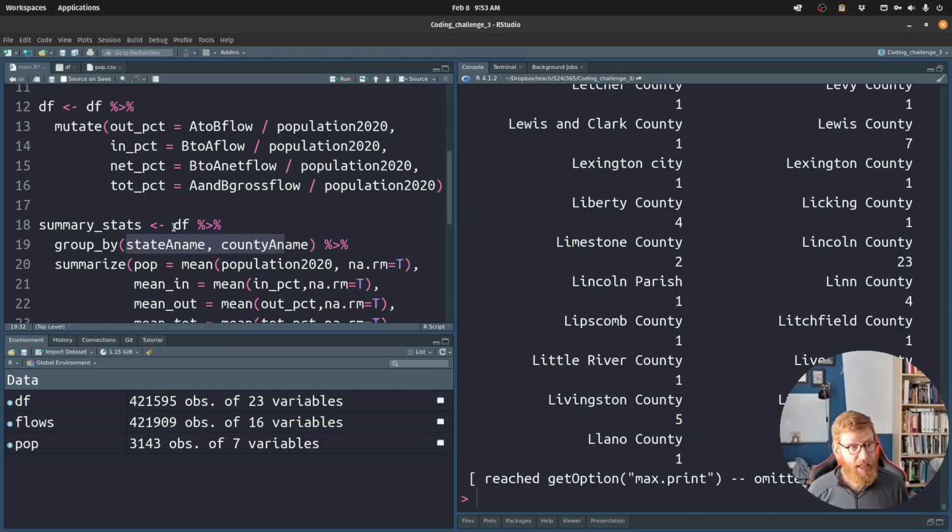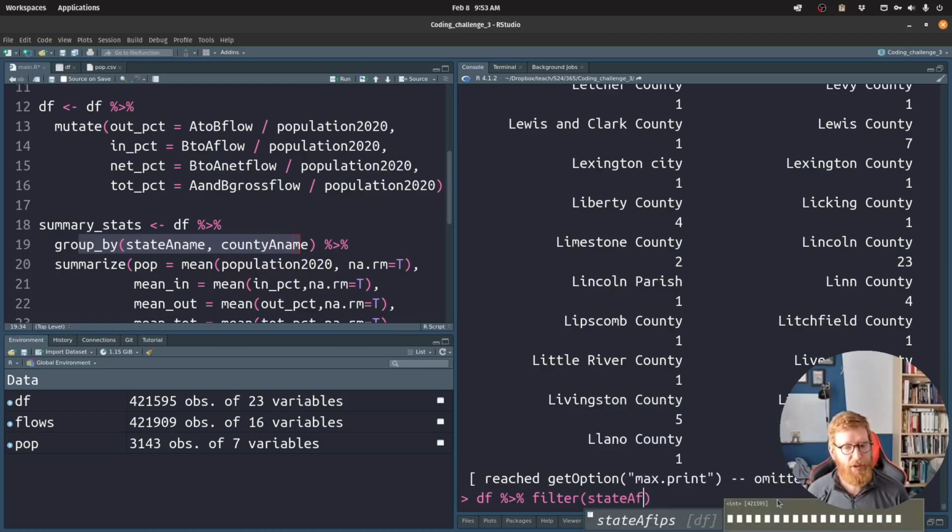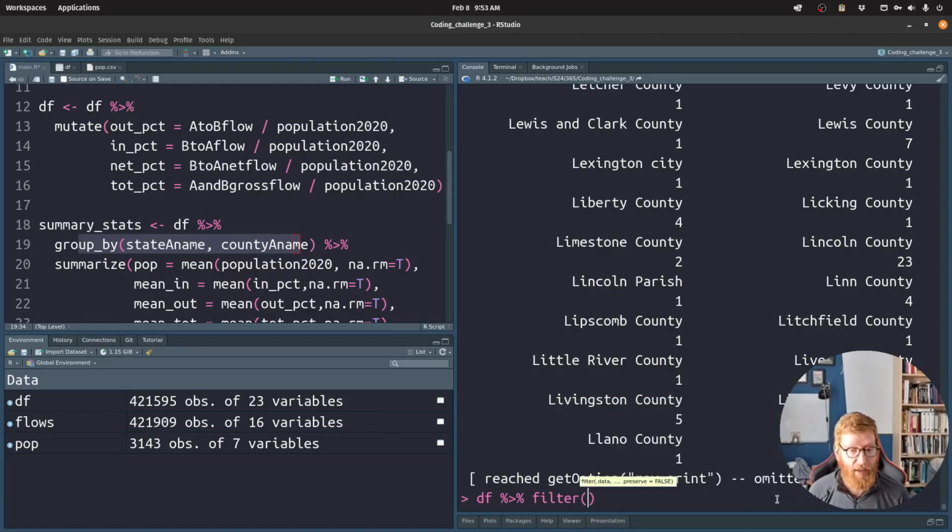So we're taking our data frame and we're grouping it by state and county so that we're getting each individual Lincoln County. We're not averaging across all 23. If we did that, Lincoln County, actually, let's see. If we go DF filter, it gives us specific rows. We're going to look for where state A, county A name double equals Lincoln County.